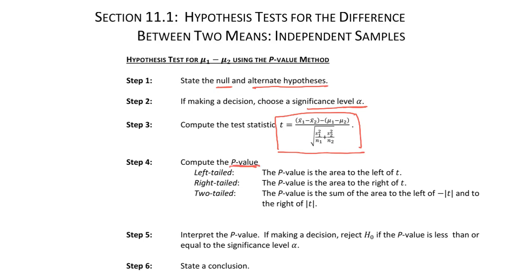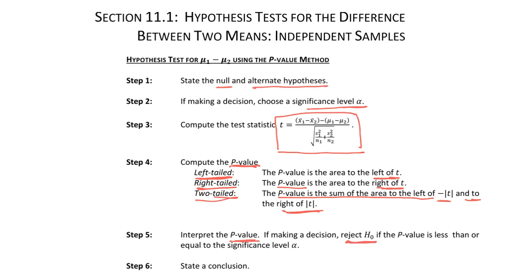The p-value is the area to the left of t if it is a left-tailed test, and the area to the right of t if it is a right-tailed test. For a two-tailed test, the p-value is the sum of the area to the left of negative absolute value of t and to the right of absolute value of t.